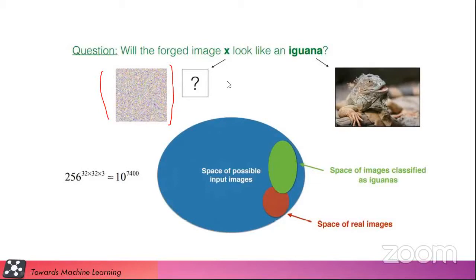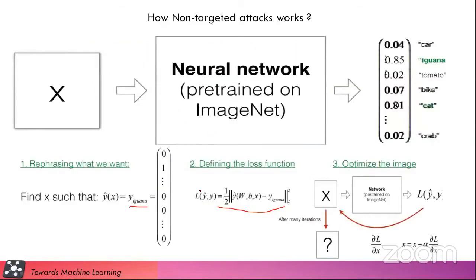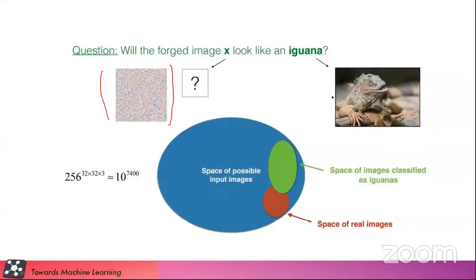The reason behind it is that in the loss function, we do not have any constraint on X that X should look like an iguana. Here you can see we have the only constraint on y hat, because we only want the prediction to be the y iguana one hot encoded vector. So that's the basic logic behind it.